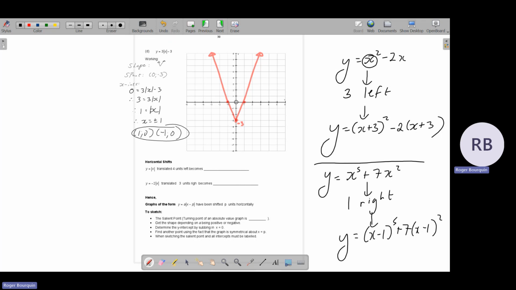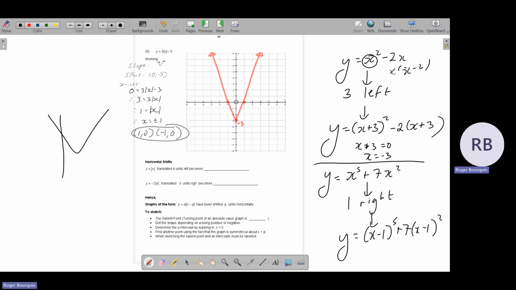Okay, right. So opposite, you can think of intercepts. So I've got a graph, and I solve for x to find the intercepts.